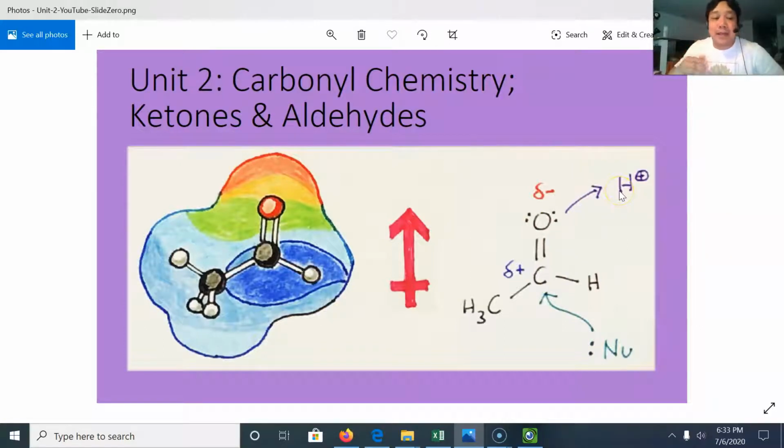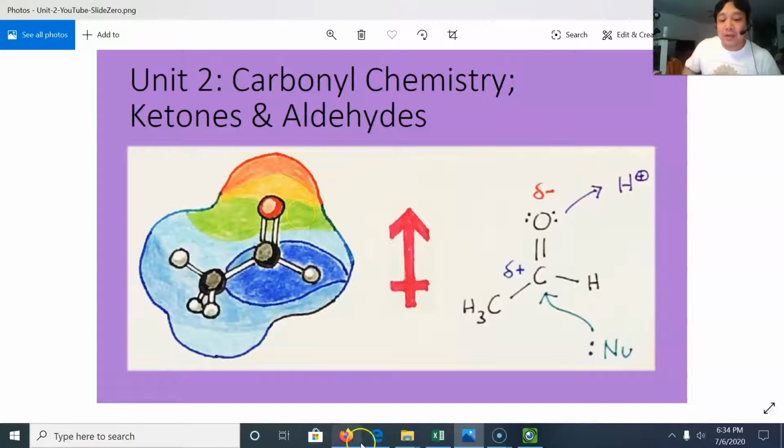It just depends, and we'll go through plenty of examples slowly. It depends whether you're under acidic conditions or not, whether you want to protonate first or want the nucleophile to attack first in terms of the mechanism. This bears out in calculations and in experiments, that this carbon right here is the one that's attracting the nucleophile and the one that's going to be attacked.